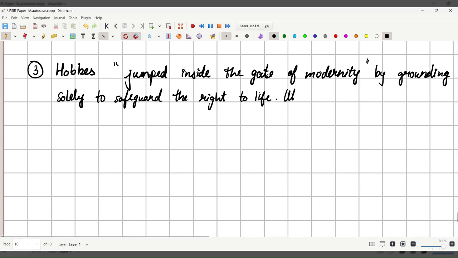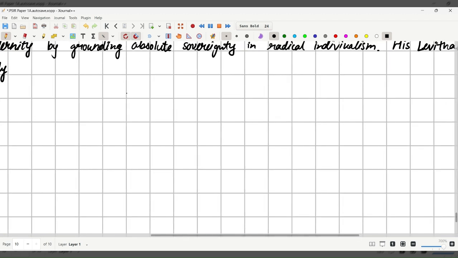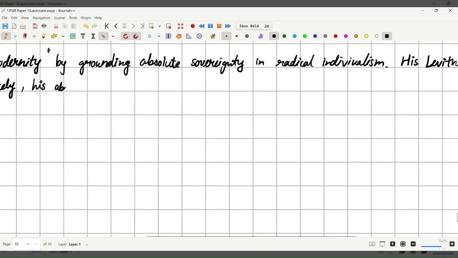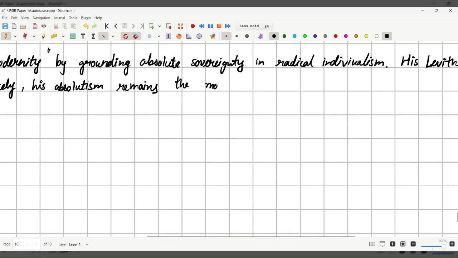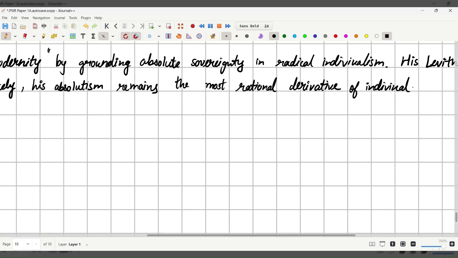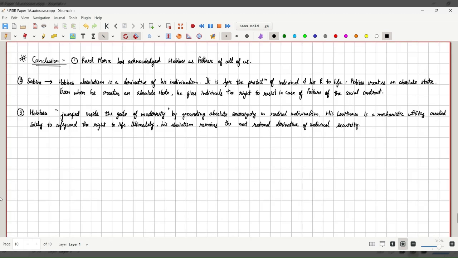Ultimately, his absolutism remains the most rational derivative of individual security. Okay. So with this, Hobbes has ended. Okay. Thank you.